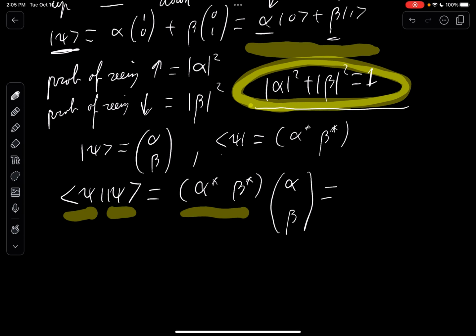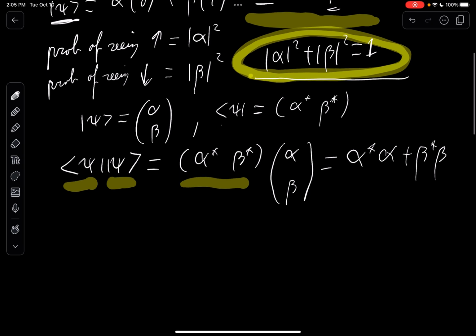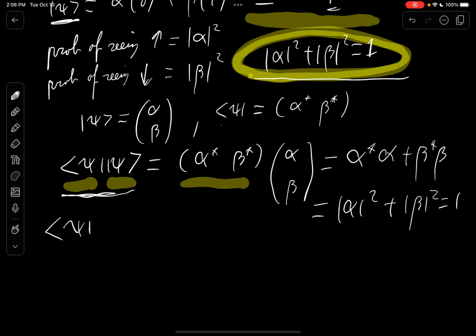If we write this out, we get alpha conjugate times alpha plus beta conjugate times beta. But that is exactly the previous condition that we had, and we want this to be equal to 1. Now, we can even shorten this notation because we're lazy. Instead of writing down this middle line twice, what you'll see quite often in quantum is that you just drop one of the lines.